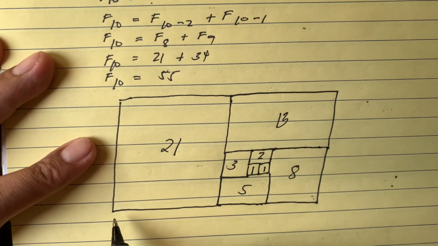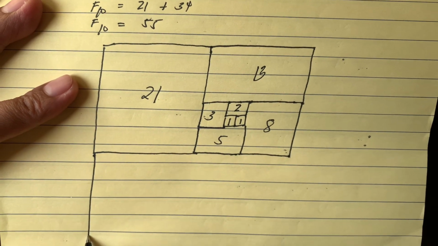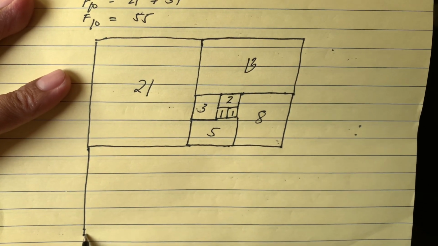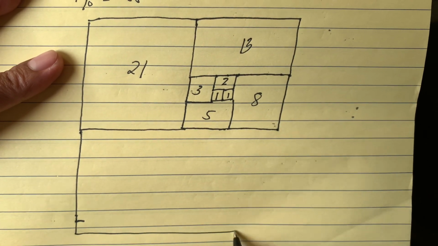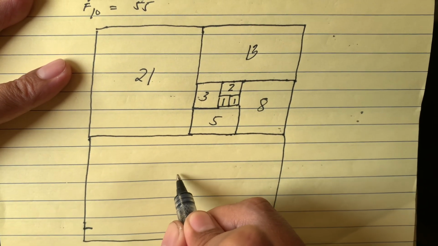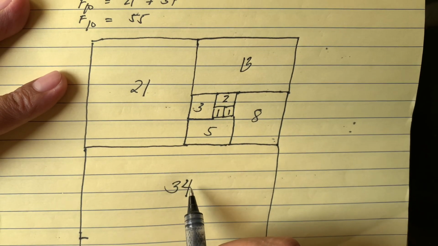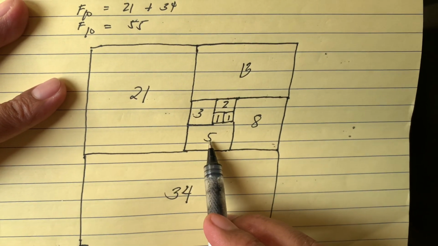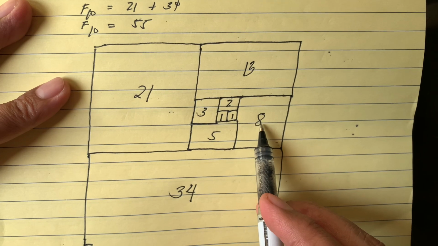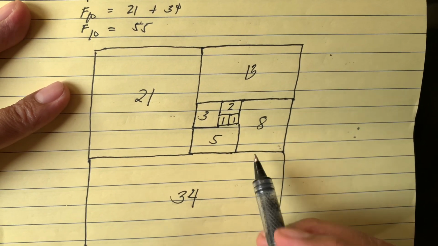Now, if we will be drawing another square, this would be a square whose length or side would be equal to 34. How did we get 34? 21 plus 5 plus 8. Because 21 plus 5 is 26, plus 8 is equal to 34.